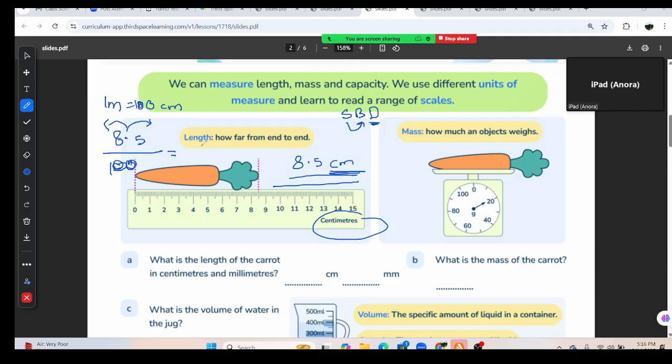So tell me the answer then. Two places, right? Two zeros. Very good. 0.085 meters.